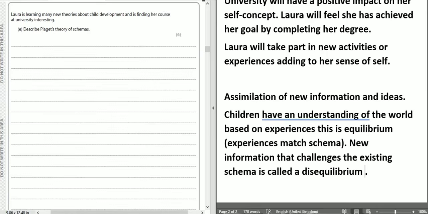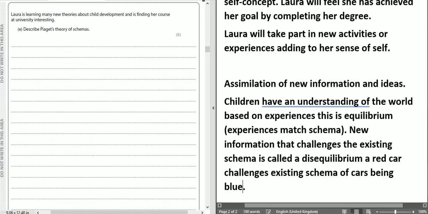For example, a red car challenges existing schema of cars being blue. So again, not a very good example, but the idea is that children have an experience that all cars are blue, they see a red car, it blows their mind, and that causes disequilibrium.